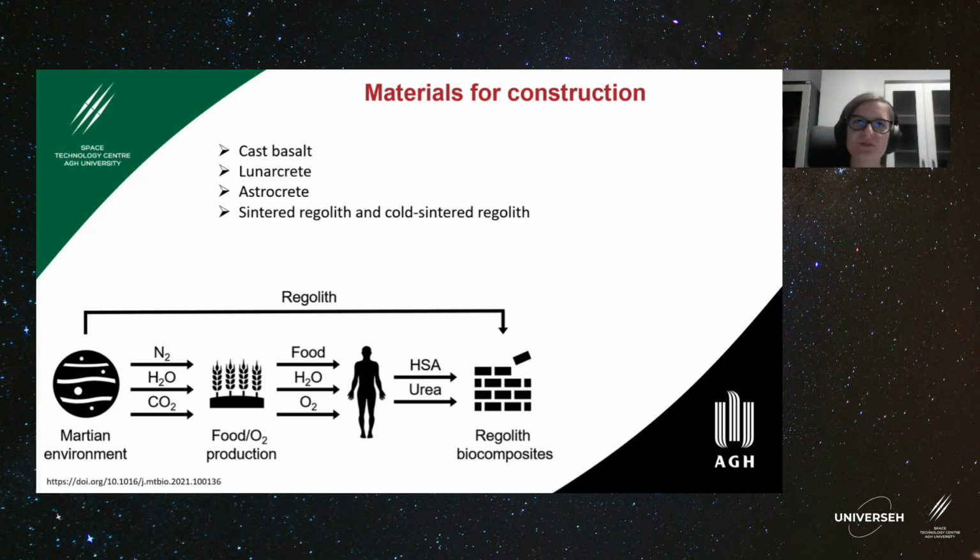And the idea of lunarcrete and astrocrete is that regolith, along with some biological substances, in this case albumin from human blood, would create composites with desirable properties, and it then could be transformed into something that kind of resembles concrete, hence the name lunarcrete or astrocrete.